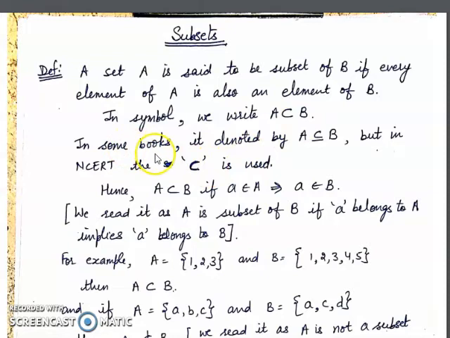In some books, the notation of this subset is given by the subset symbol with a line below it. In some books this notation is given to you, but in NCERT only this notation, this C, not a proper C, like a sleeping C, is used.